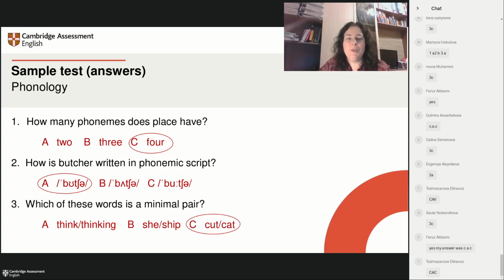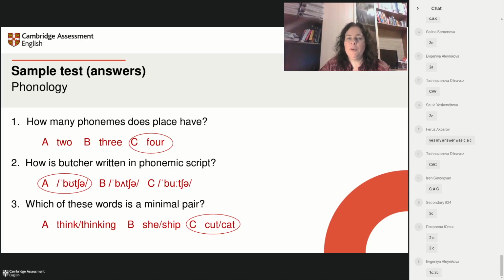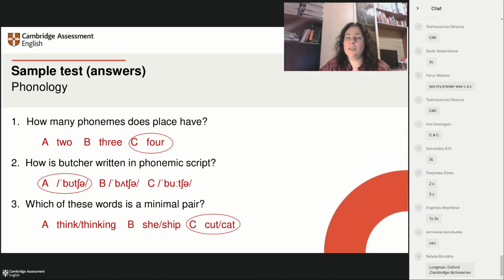great, well done. Okay, awesome. So it's good that you know what a minimal pair is. Yeah, and here, it's a very good example, actually. So a minimal pair is a pair of words which has one phoneme different. Yeah, one sound is different. Yeah, Natalia, good choice of dictionaries. Very good. I also like Macmillan.